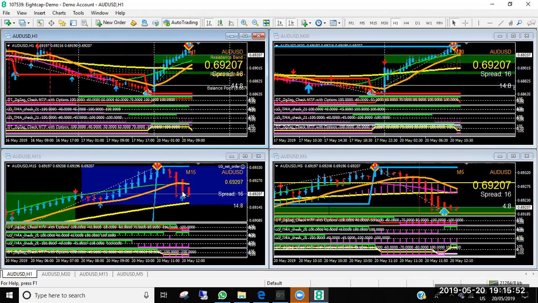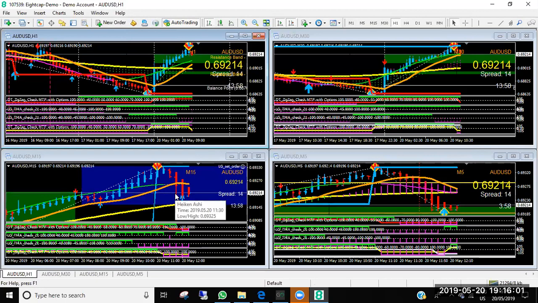Even though I didn't get it to make a noise, the indicator is still noting that there's an arrow. Okay, so if we do get a vertical red in the 15 and 30, they might take some time, and they might give us 2 or 3 before it actually gets confirmed, yeah.